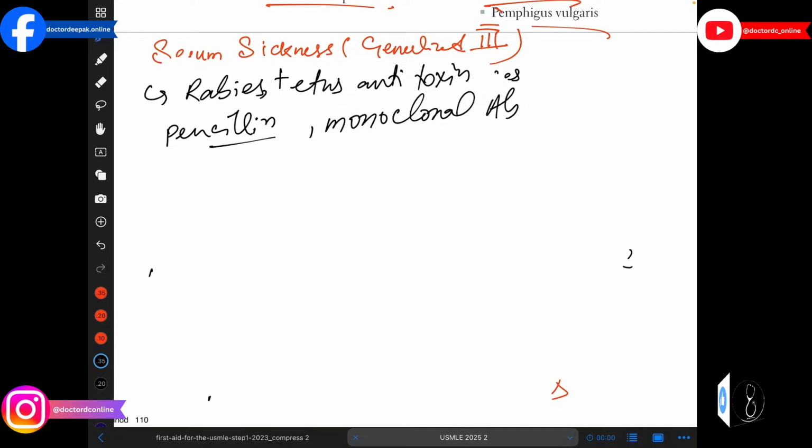Other type 3 diseases are post-streptococcal glomerulonephritis, systemic lupus, and polyarteritis nodosa.